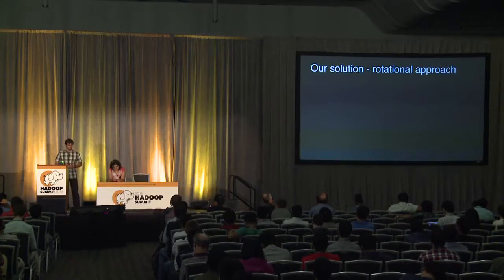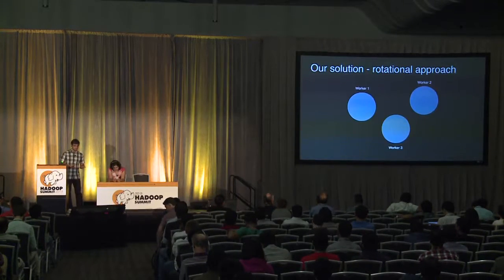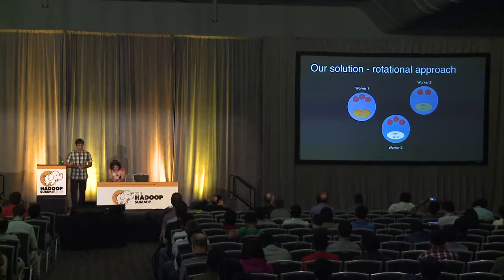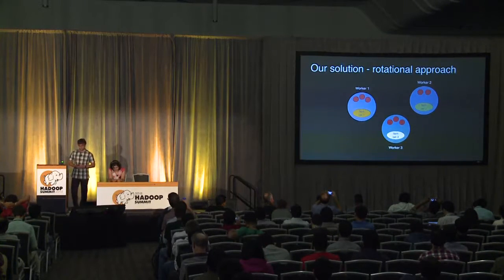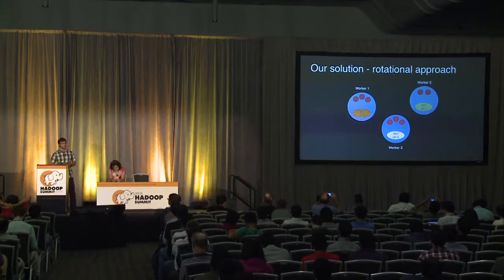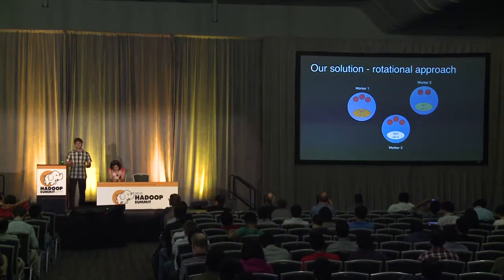We're going to have a simple animation here in order to better explain what this means. Again, we have 3 workers, we have users as vertices in the graph, and then the items are stored as a shared memory in every worker. We needed a model that will go through all of the edges, all of the known ratings, in such a way that every worker at some point of time gets all the items.